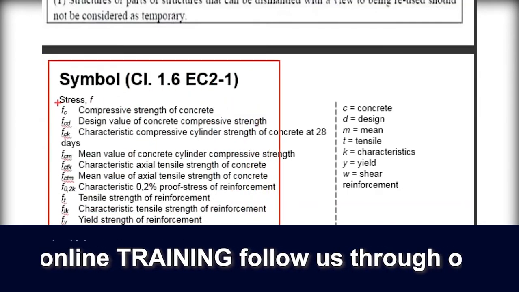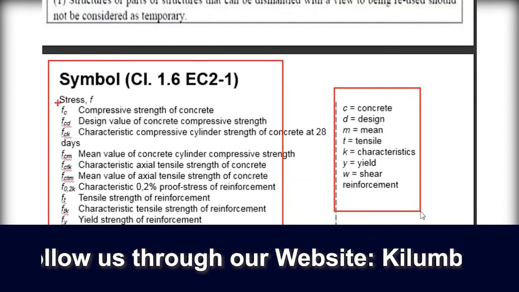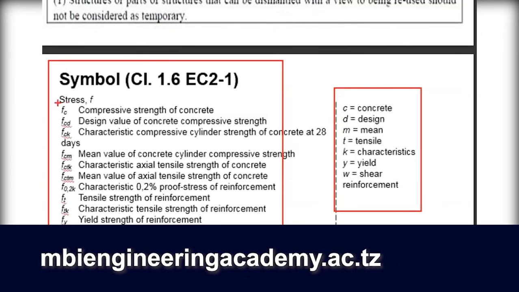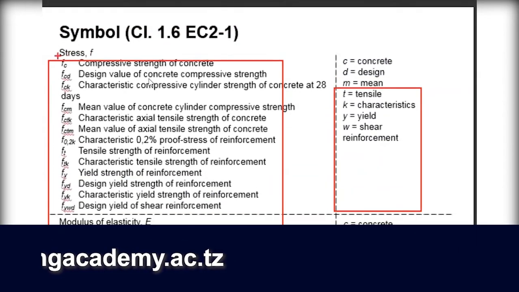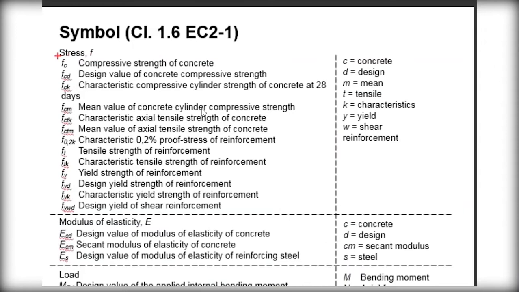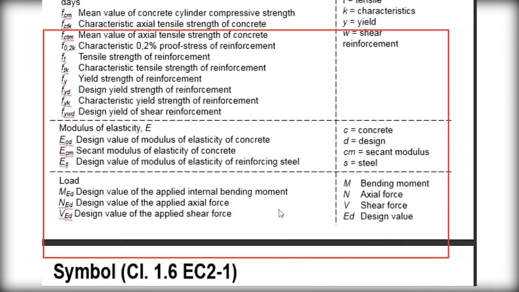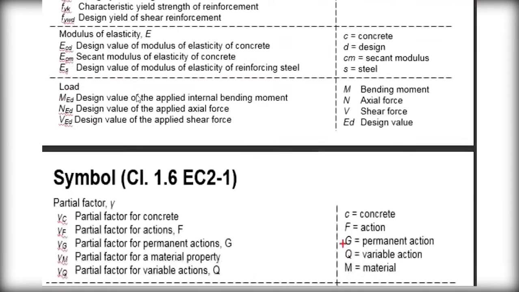The symbols are so common, so we will just pass through this one. You can have different symbols and how they are represented. So the way it is presented is like that, and these are different symbols you can use for representation once you are going to design.